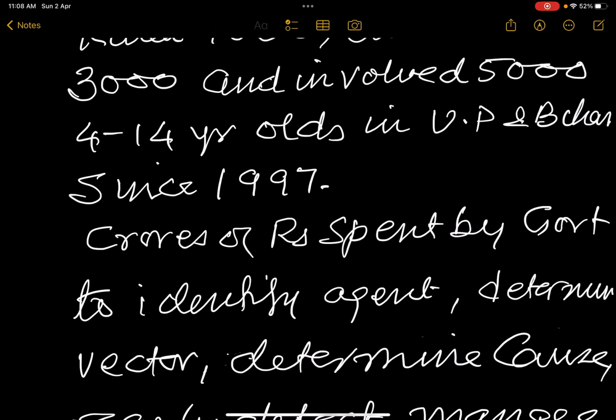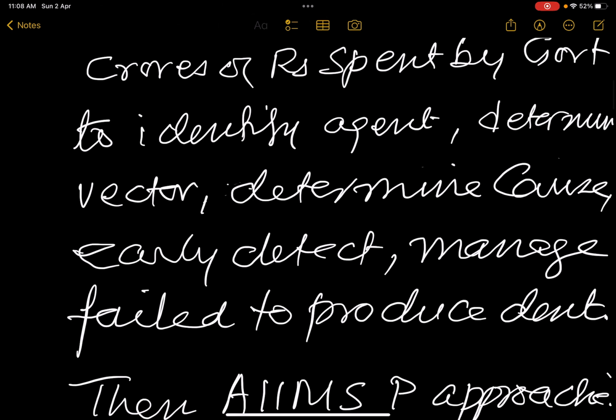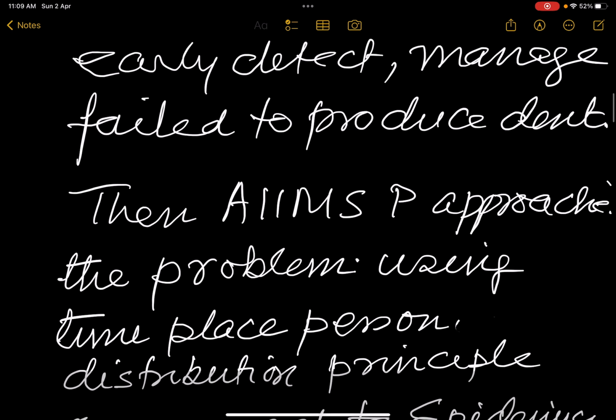Crores of rupees were spent by the government to identify the agent, determine the vector, determine the cause, detect early, and manage, but failed to produce any significant dent in the killings or the occurrence.